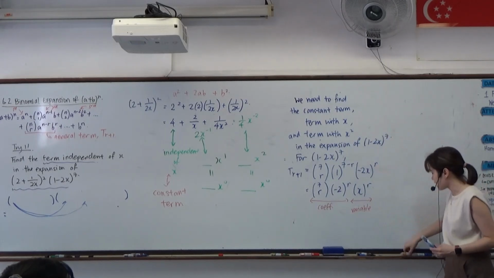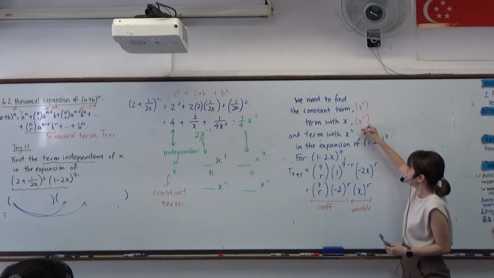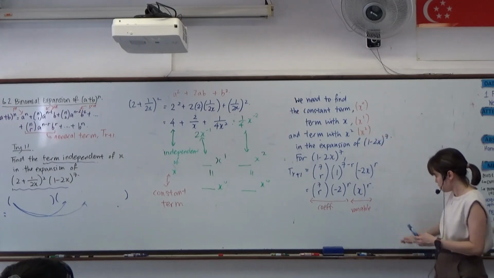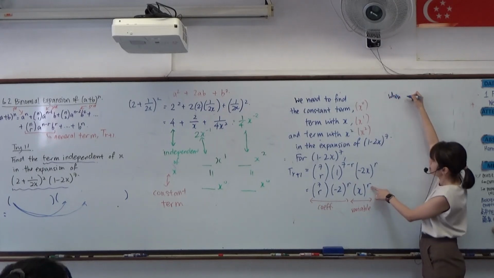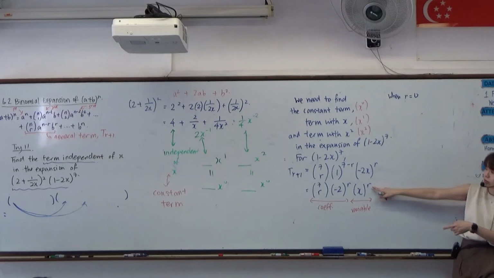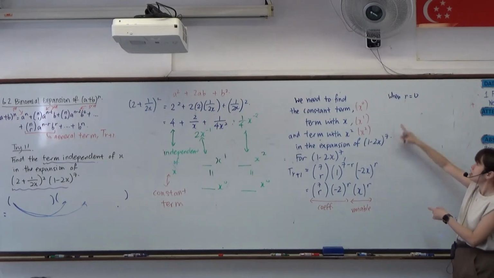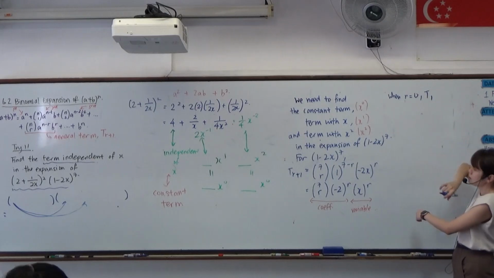Constant term is when x is to the power of 0. This is x power 1, x power 2. So that means that when this r is 0, it's a coincidence that r is 0. Okay, because now it's r only. So that means that I'm looking for the first term.